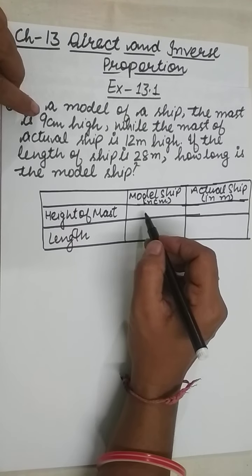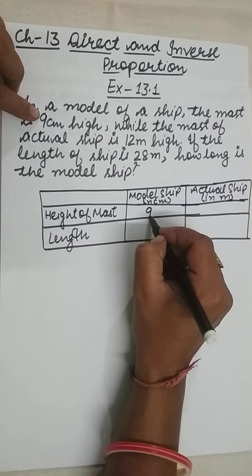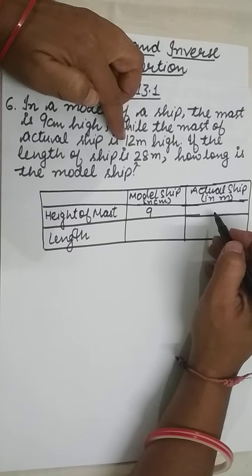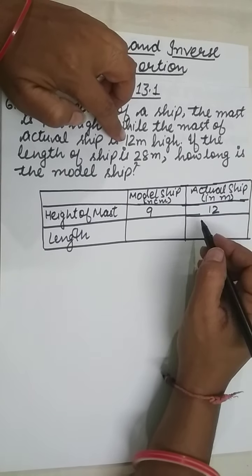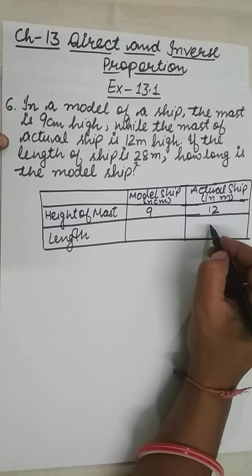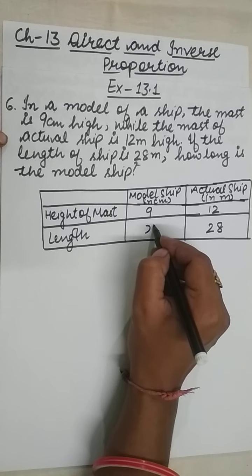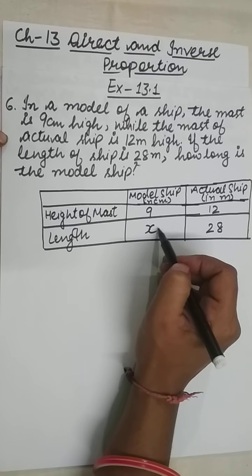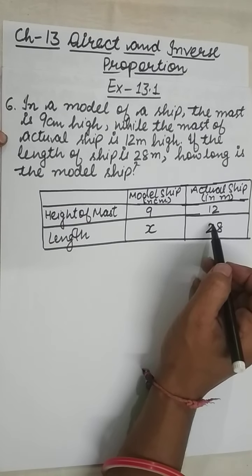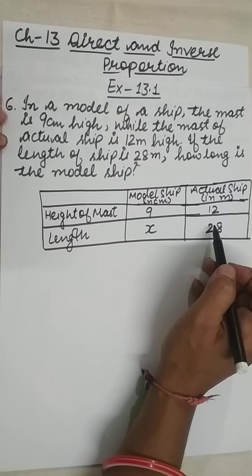The height of the mast for the model ship is 9 cm and for the actual ship is 12 meter. And the length of the actual ship is given to be 28 and we are to find out the length of the model ship. So these are the dimensions for the model ship and these are the dimensions for the actual ship.